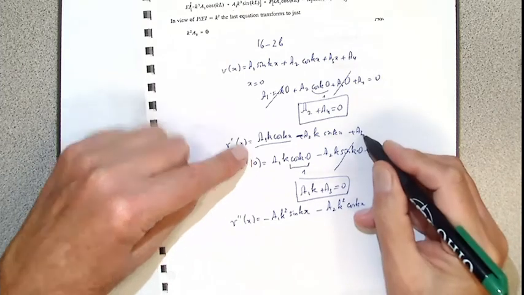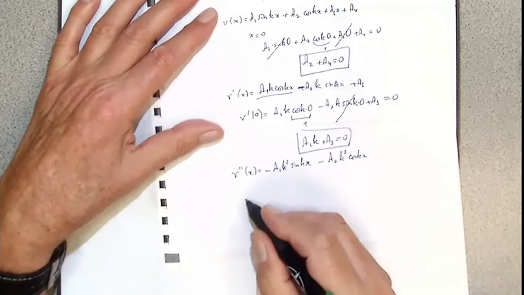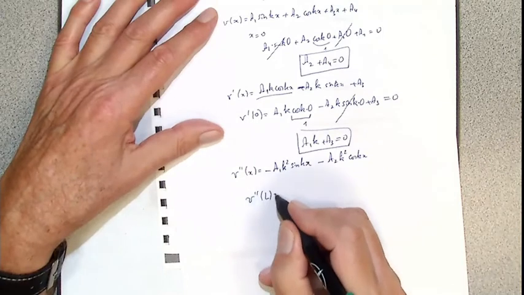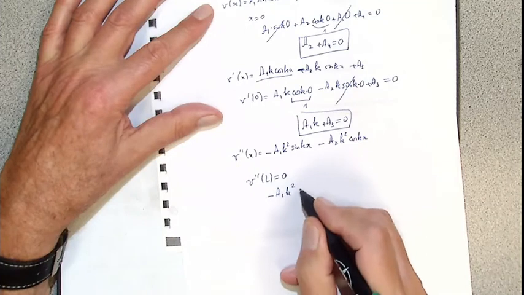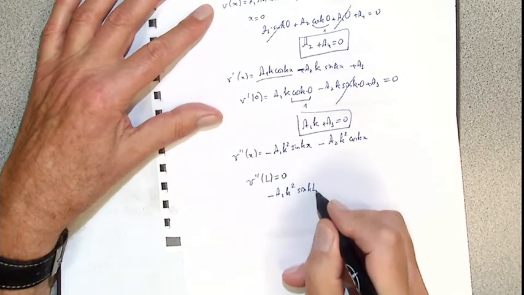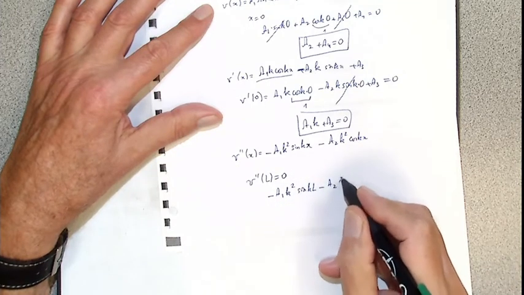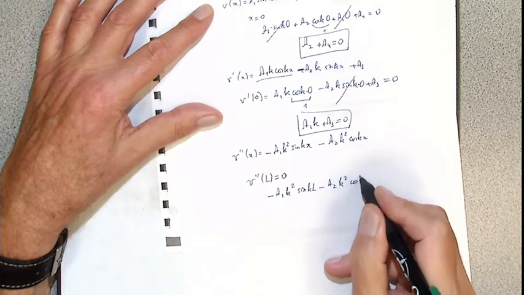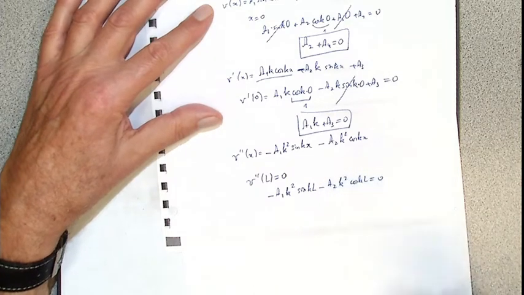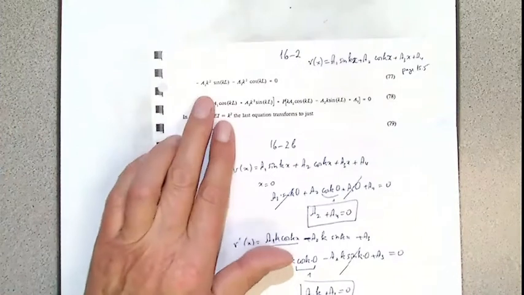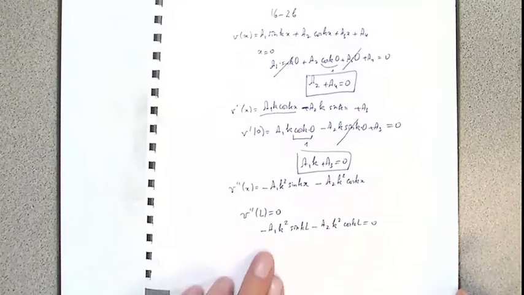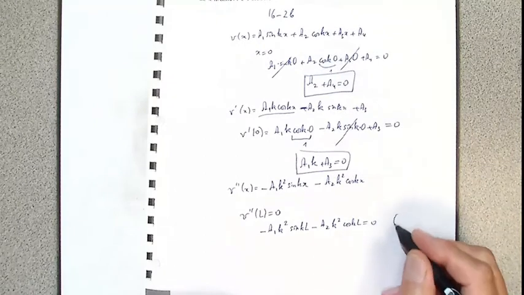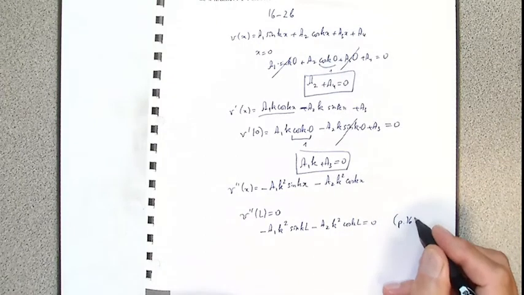And this is gone. So V double prime at L equals 0 means minus A1k squared sine kL minus A2k squared cosine kL equals 0, which is written here. So page 16.2a.